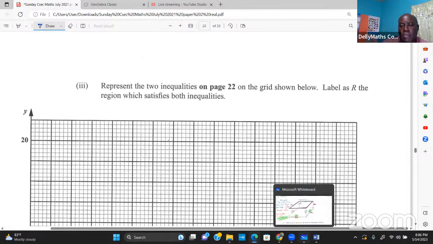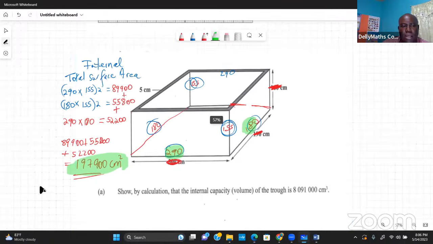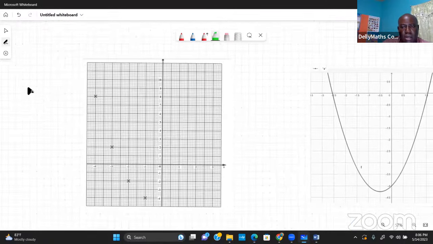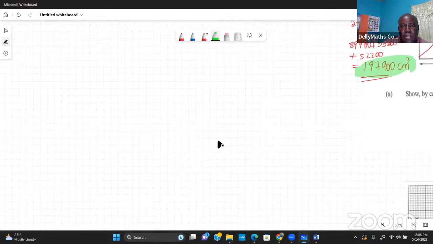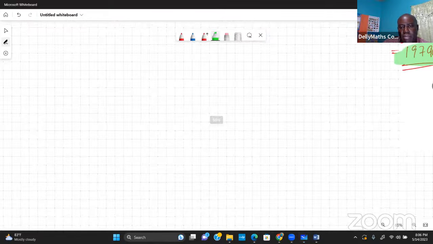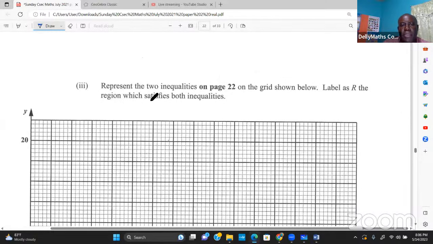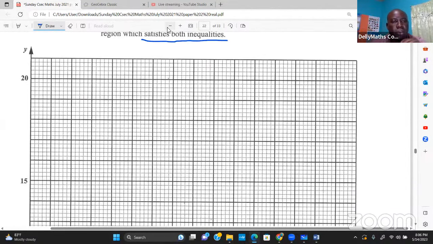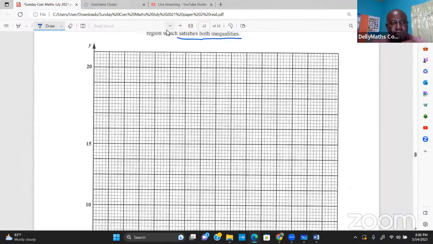Now, let me see if I have the graph for this. Hold on. I'm going to need this graph to do the question. It says represent the inequality on the grid and label R the region that satisfies both inequalities. So they give us 2 of them. Allow me to capture this diagram, please.